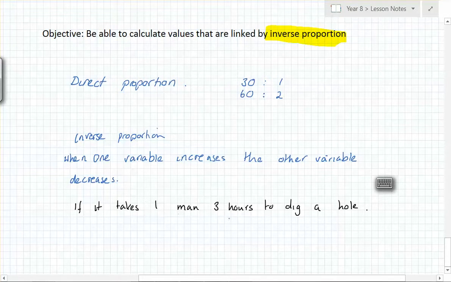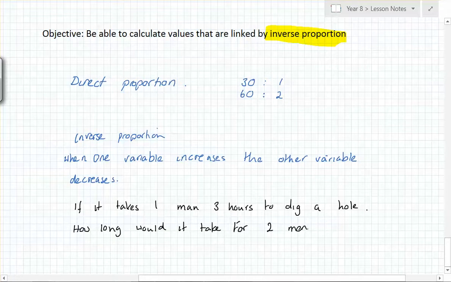If it takes 1 man 3 hours to dig a hole, how long would it take for 2 men to dig the same hole? So that's an example of an inverse proportion question.